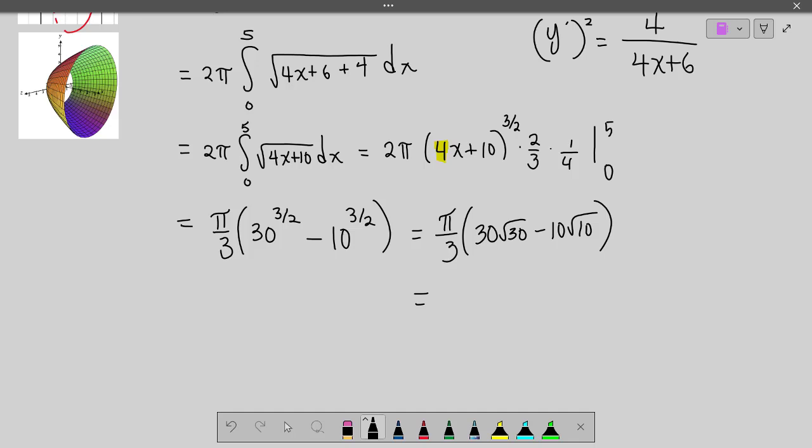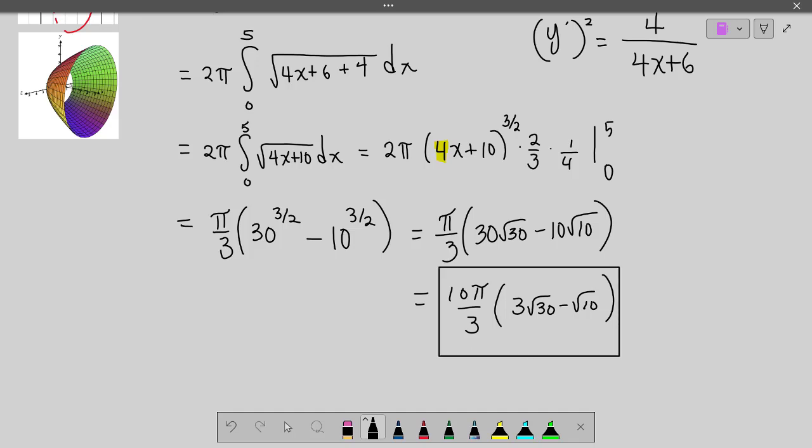If we wanted to simplify this a little bit, we could factor out the 10 and write this as 10 pi over 3, and if we factor out the 10, we'll be left with 3 root 30 minus root 10. That would be as far as we could go.